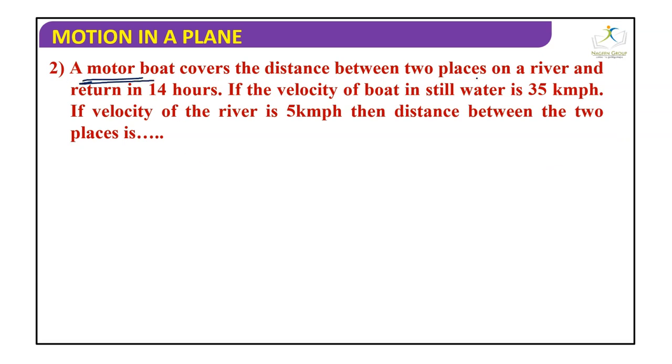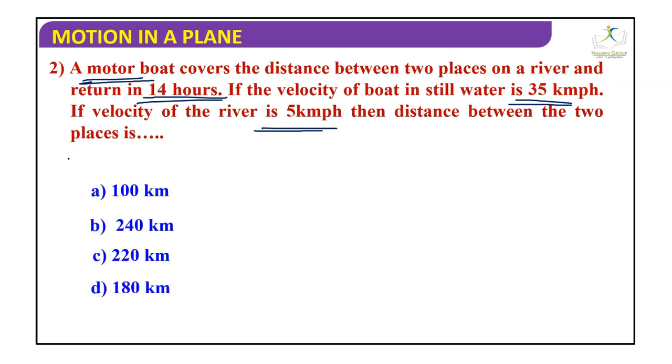So the motorboat covers the distance between two places, for going and for coming back, in 14 hours. The speed of the boat in still water is 35 km per hour and the river velocity is 5 km per hour. Now we have to calculate the distance. The options are 100 kilometer, 240 kilometer, 220 kilometer, and 180 kilometer.